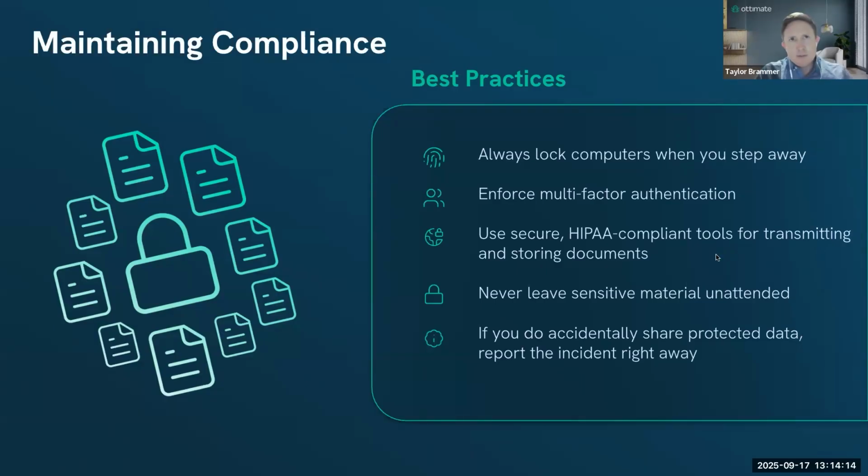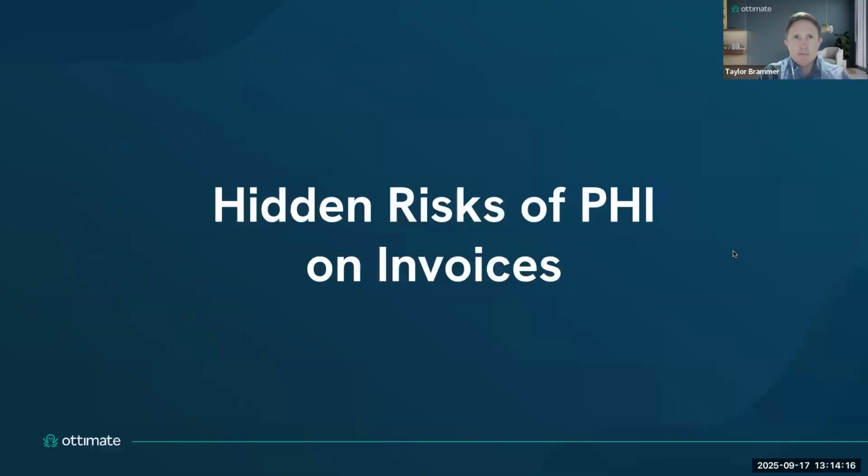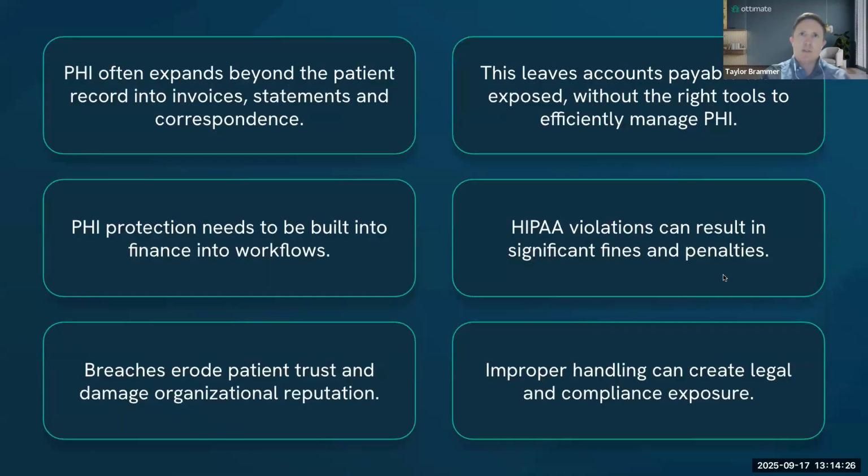Yeah, I think it's important to understand the risks associated with PHI getting out there. I think the most common risk that we see is that it's primarily unintentionally released through invoices, in our line of business, but it can be statements, it can be correspondence.